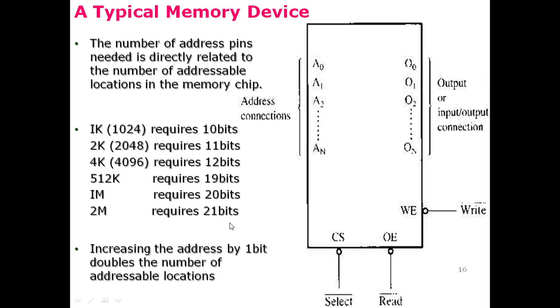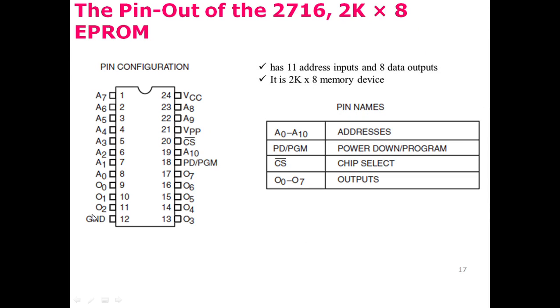So increasing the address by 1 bit doubles the number of addressable locations in the memory. For example, here we had 1 kilo locations, which required 10 bits, but when we doubled the number of locations to 2 kilo, that required 11 bits, and so on. And similarly here, 1 mega locations required 20 bits, while 2 mega locations require 21 bits.